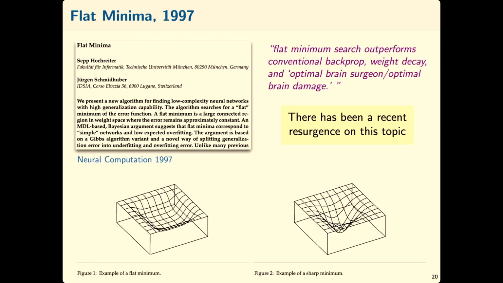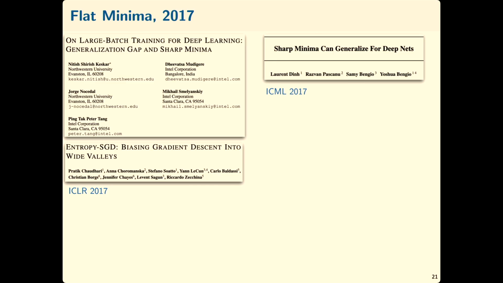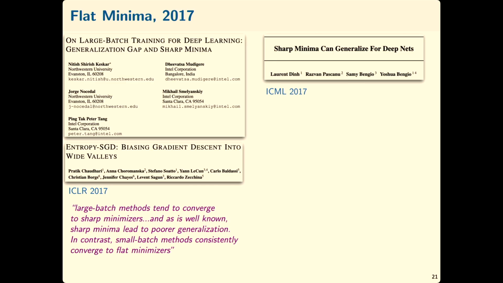There has been some recent resurgence on this topic. Let's migrate, I guess, 20 years forward. There are these 2 papers at ICLR. There's also this paper at ICML. Maybe just to quickly summarize, these 2 are on the side that it's well known that sharp minima lead to poor generalization, while flat minima generalize well.